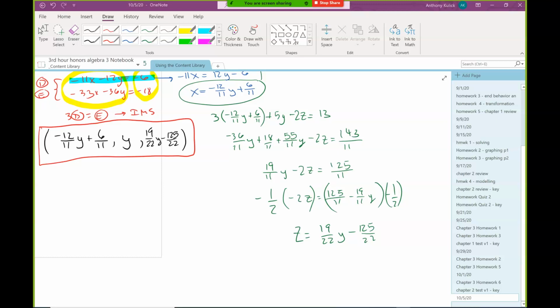My answer key has a 24 as the denominator instead of a 22, but that's almost certainly got to be a typo on my part. Did I boo-boo that somewhere? Did anybody notice a boo-boo?